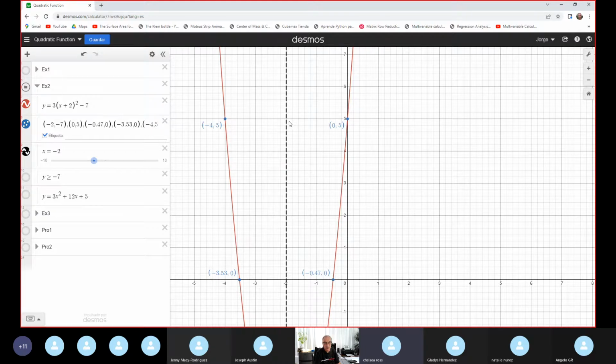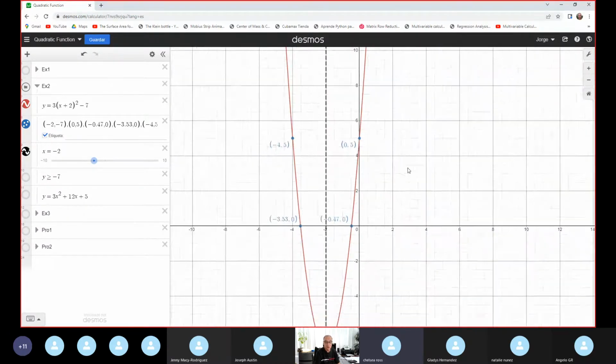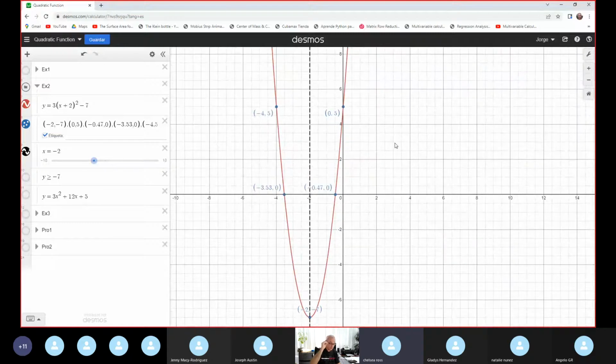The same distance, 2 to the right, and moving to the left, 2. Now this new point is (-4, 5): -2 minus 2 is -4, and the same y value is 5. Boom. Take advantage of the symmetry. It's important when we are doing graphic representation.